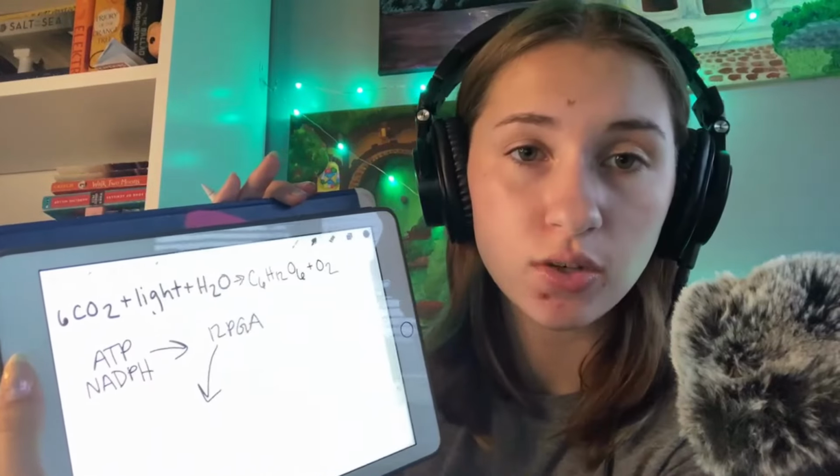Now, this circular reaction has already been going on, okay? So our ATP and NADPH are going to get added to this thing called PGA. So 12 PGA, we have 12 of them. And the ATP and the NADPH are going to get added to that 12 PGA to create 12 PGAL.